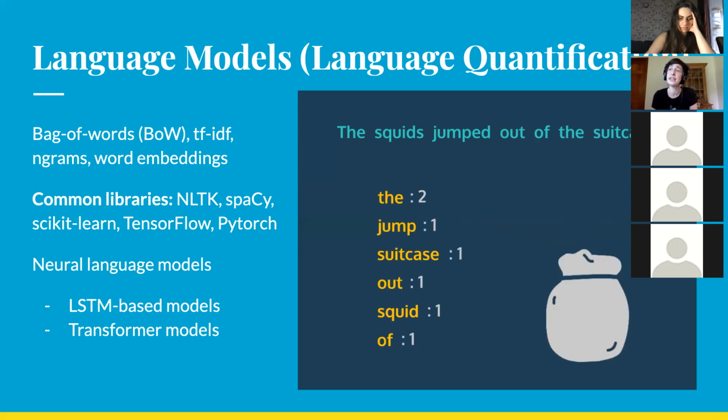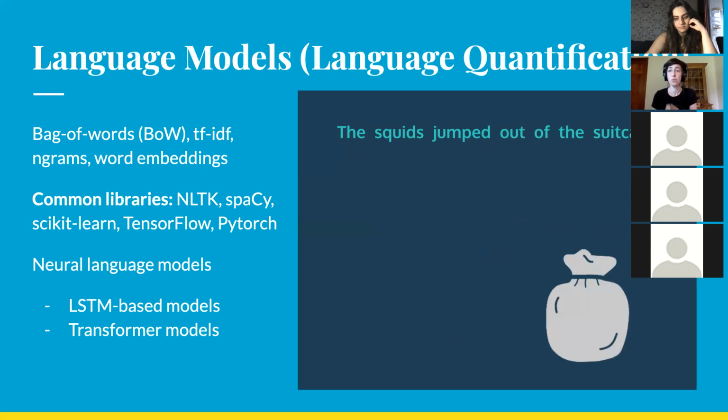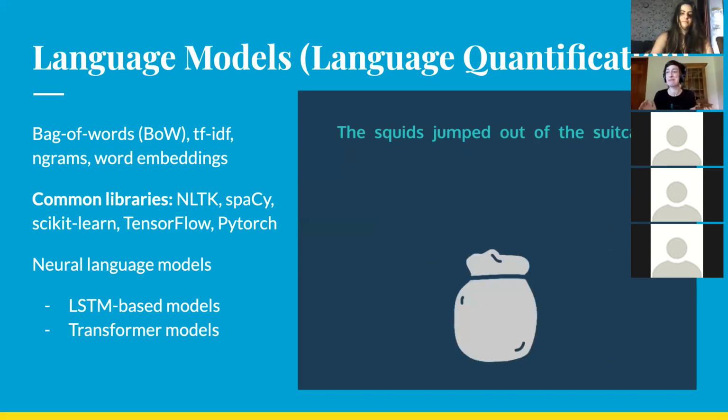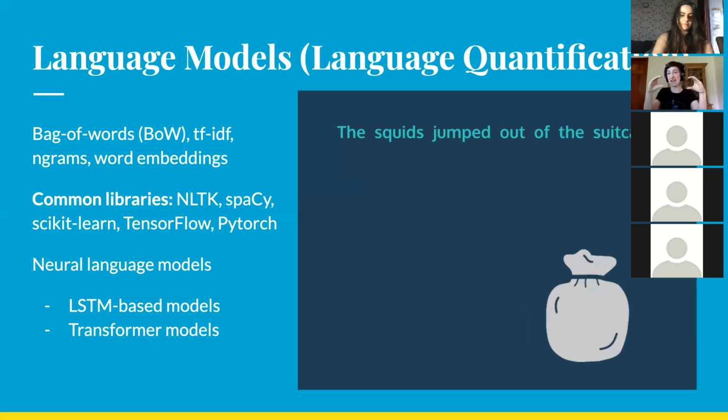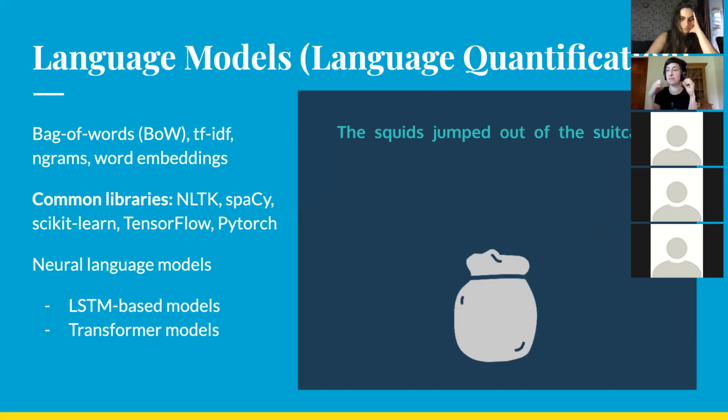Some really common approaches are using LSTMs, which are long short-term memory models, which are way more complicated than what I want to get into within the confines of this particular workshop. But they basically allow you to work with text in sequence, retaining a little bit of the previous information.